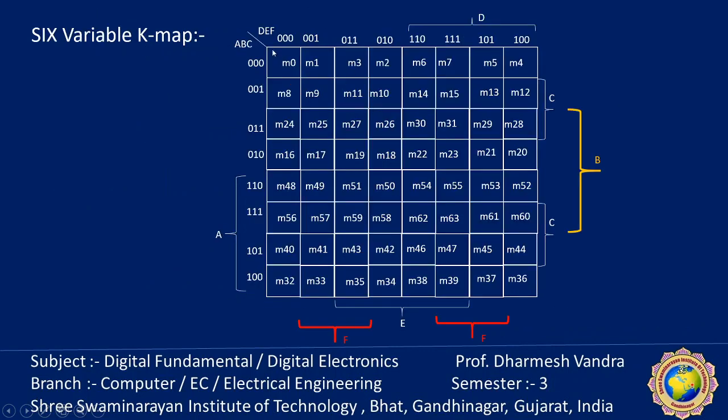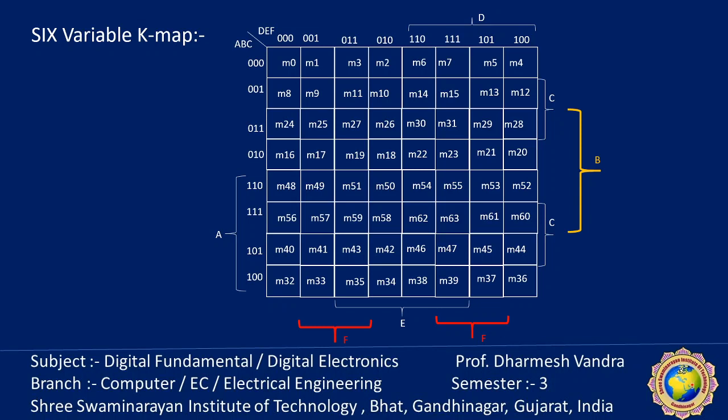With 6 variables, the minterms double compared to 5, it will become 64. And remember, as the minterms increase, the adjacent cell patterns become complicated. To find out how many combinations and how many literals can be in a term, variable mapping will become very difficult because 64 cells are there.